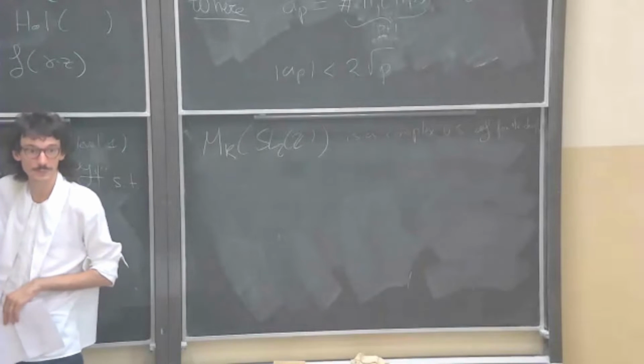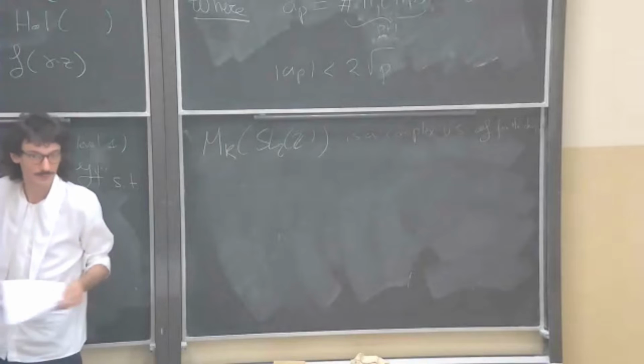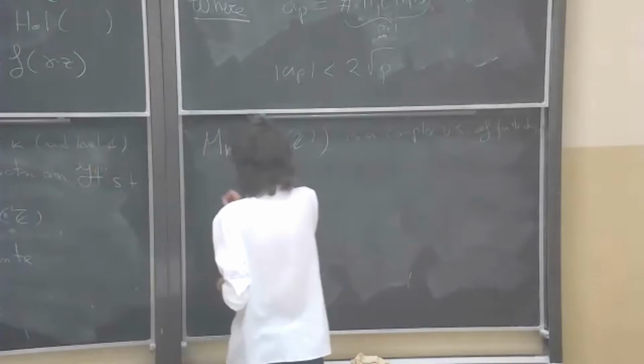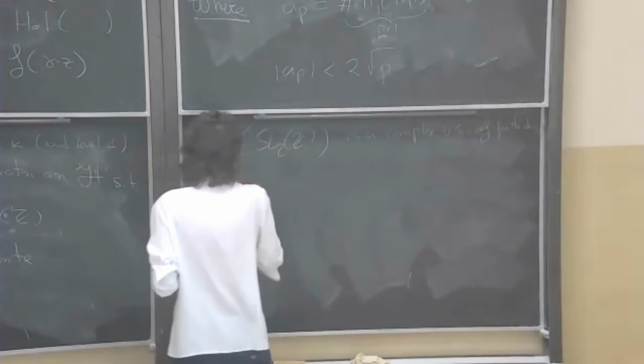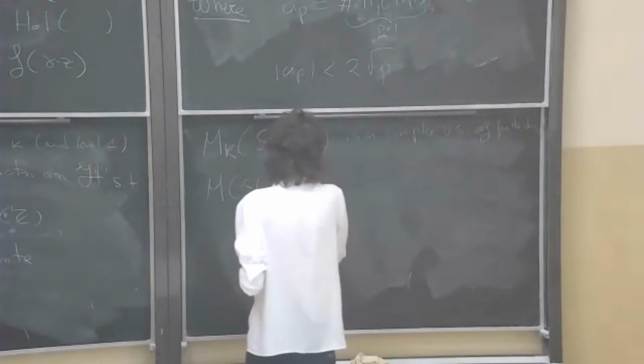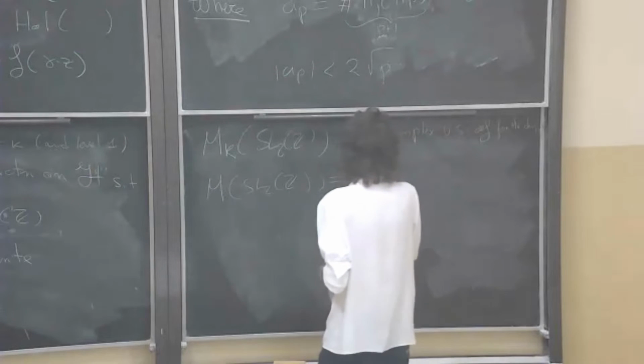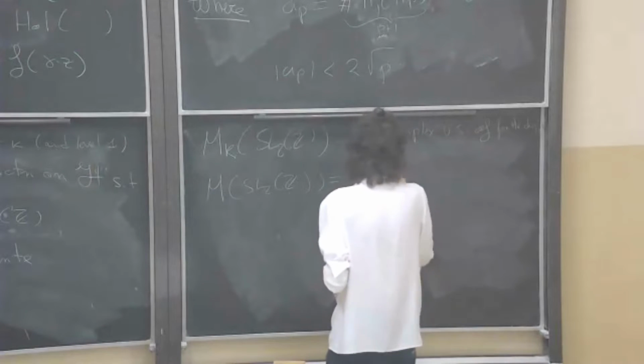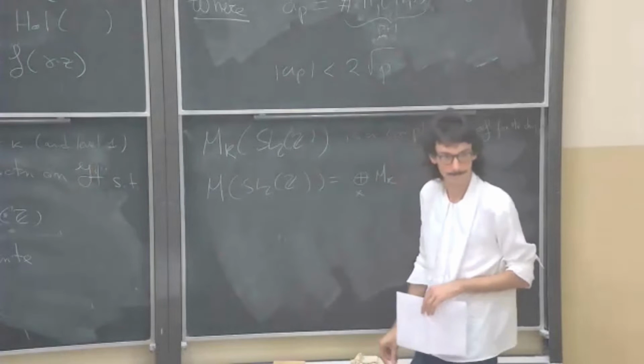If we multiply together, we have to add the weights, and so we can actually form a graded algebra, M of SL2(Z), which is none other than the sum over all weights of Mk.